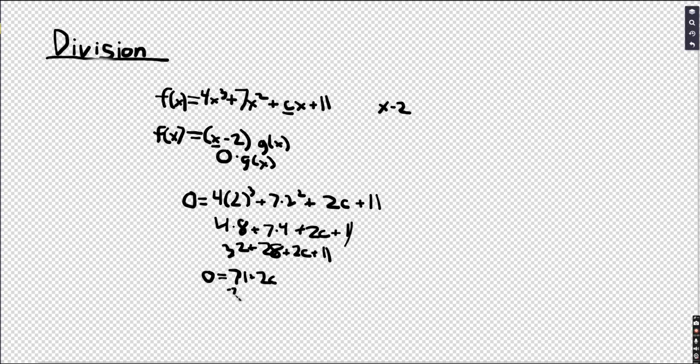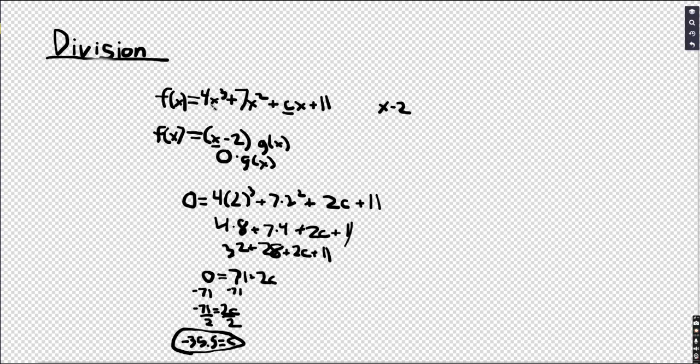We can subtract 71 from both sides, so we're left with negative 71, and we divide by 2. So c is equal to negative 35.5.